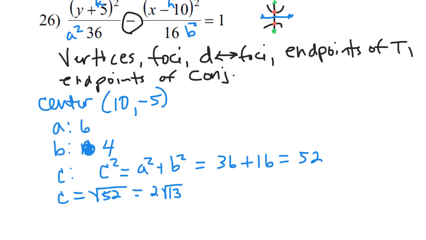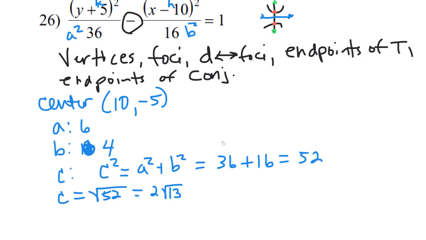Okay, so I also need to find c. Well, I know that c squared equals a squared plus b squared for hyperbolas. So I take my 36, which is my a squared, I add it to my b squared, which is 16, and I get 52. If I take the square root of that, that should give me the length of c. So I take the square root of 52, and I can reduce that to 2 root 13.